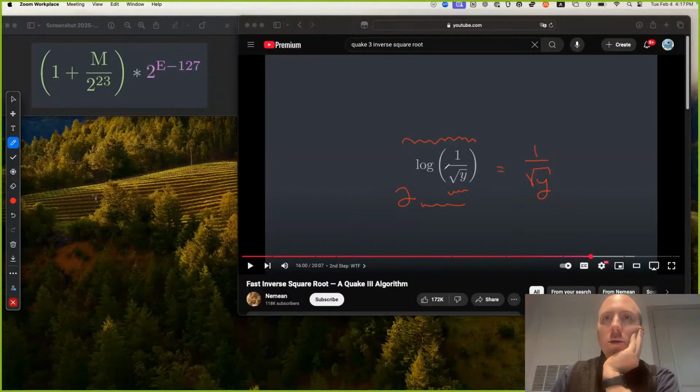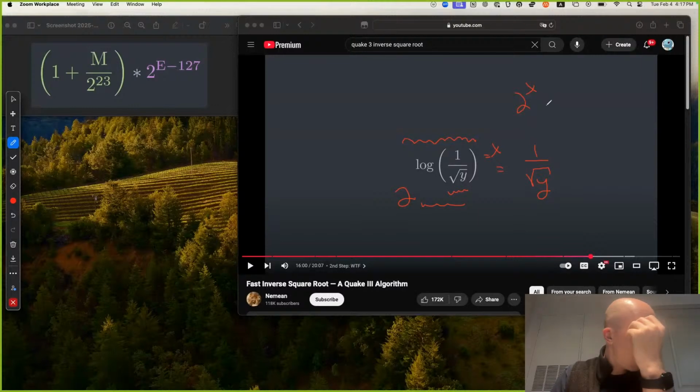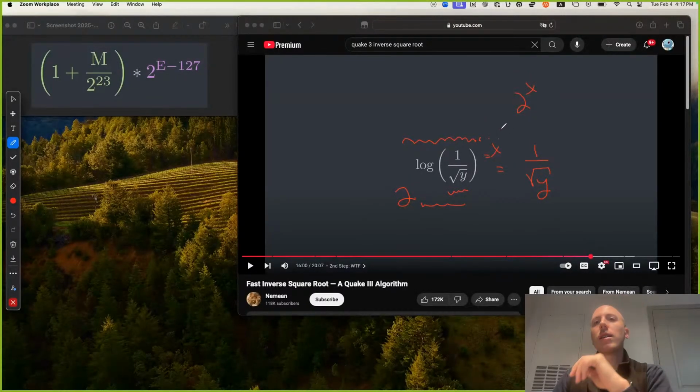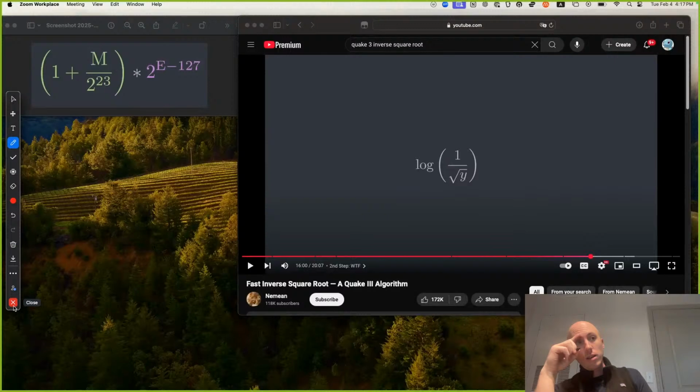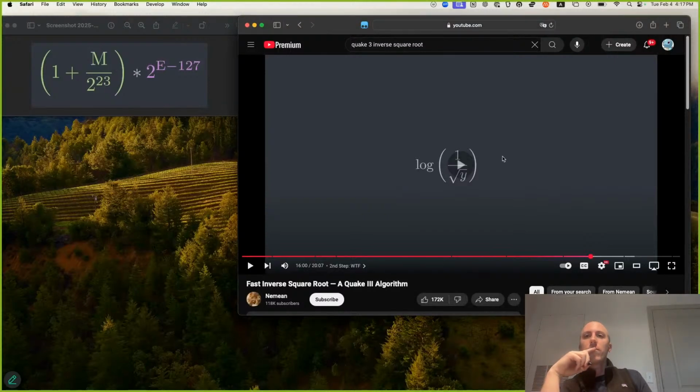You would just raise 2 to this thing. If this thing equals x, then just do 2 to the x. It's kind of weird if this is a decimal number, though. Maybe that doesn't work as well.